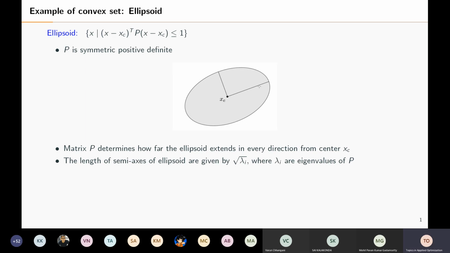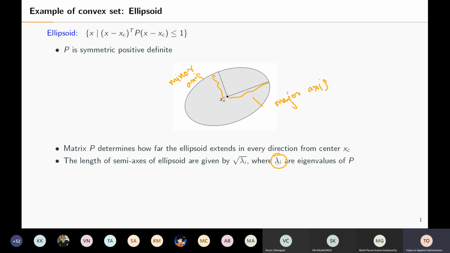There are two axes we recall: one is the so-called major axis, and in an ellipsoid another one is called the minor axis. So what this is trying to say is the major axis length will be given by square root of lambda i, and the minor axis length as well, but it did not tell me which one.